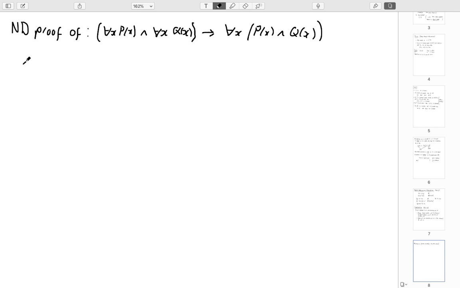So our first step is we're going to assume the left-hand side of the implication. So we're going to have the assumption for all x, Px, and for all x, Qx. So this is an assumption.